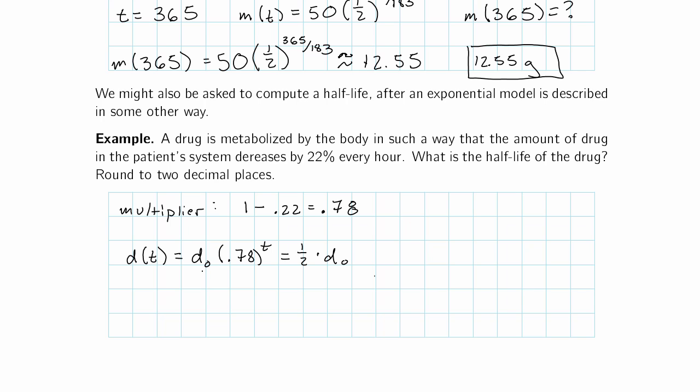Oh, we have an equation with a D0 on both sides. As long as we don't start out with none of the drug, as long as D0 is not 0, and if it was, this question is silly, we can divide both sides by that number.